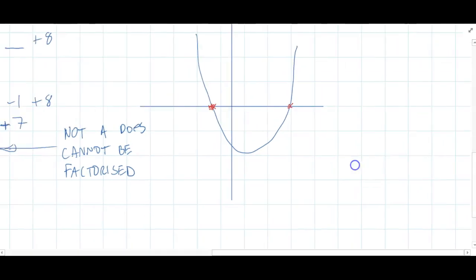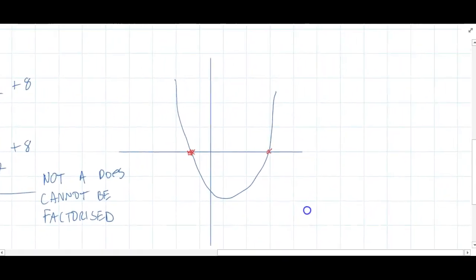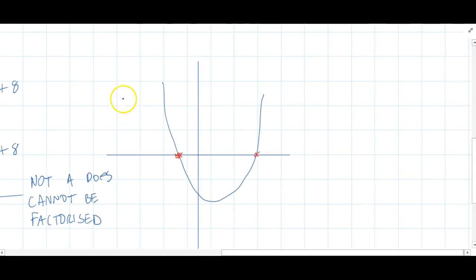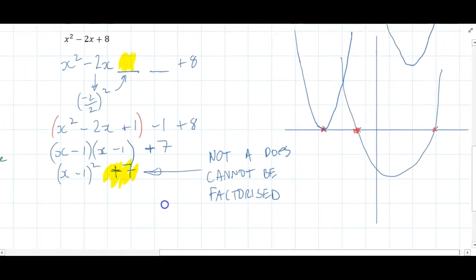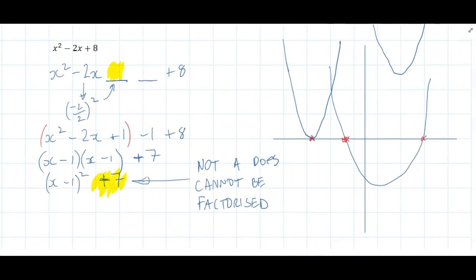Some parabolas have 2 x-intercepts. Some have 1. This comes down and touches the x-axis like that. It's got 1 x-intercept. Now some don't have any. If there's a parabola up here, above the x-axis, it doesn't have any x-intercepts, and that's what's actually happened in this example here. So for a question like this, it can be graphed, it just doesn't go over the x-axis.